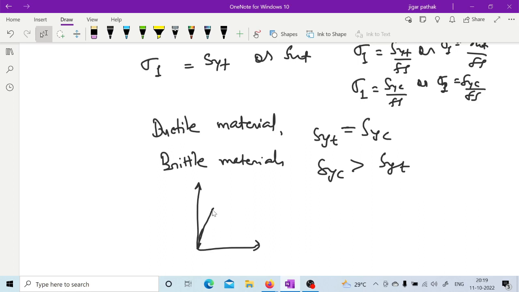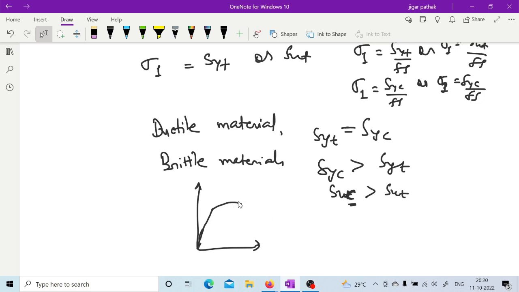In that case, actually it will have only the ultimate strength, right? So the ultimate strength in compression will be greater than the ultimate strength under tension.